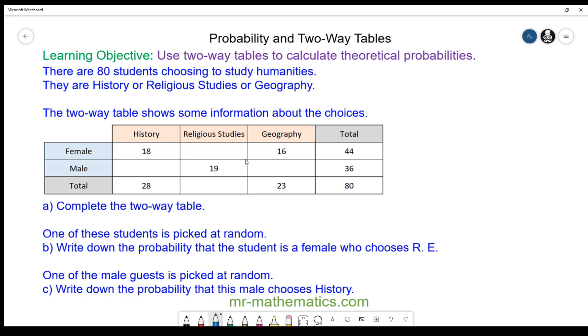They are history, or religious studies, or geography. The two-way table shows some information about the choices. We've been asked to complete the two-way table. So a bit like you did a minute ago, I'll wait a minute before I give you any clues. And if you've got any questions, please leave a message.